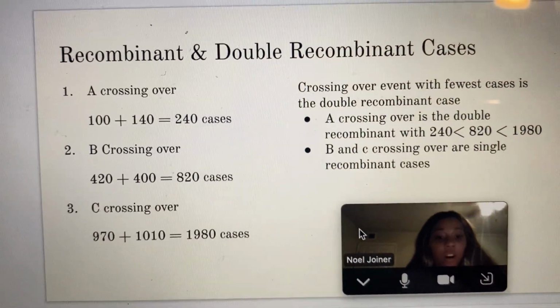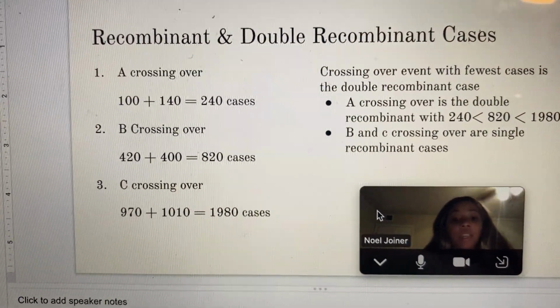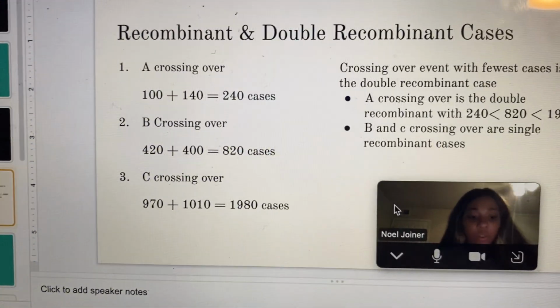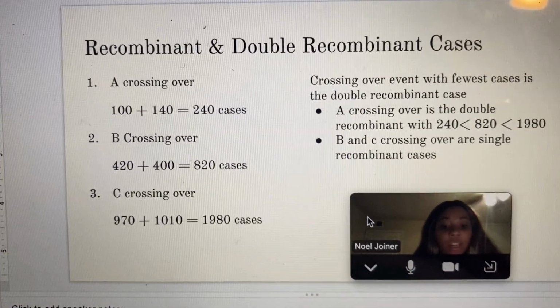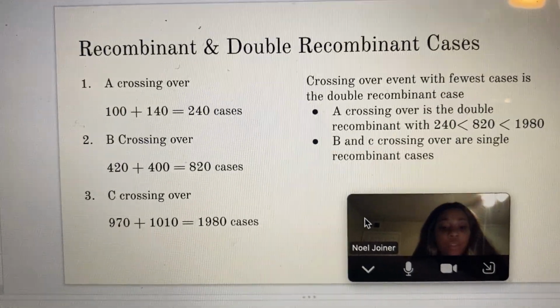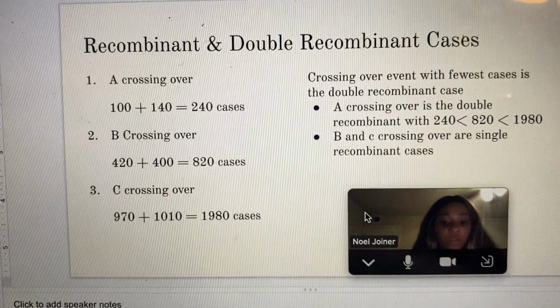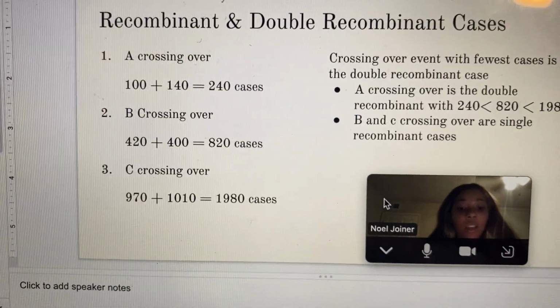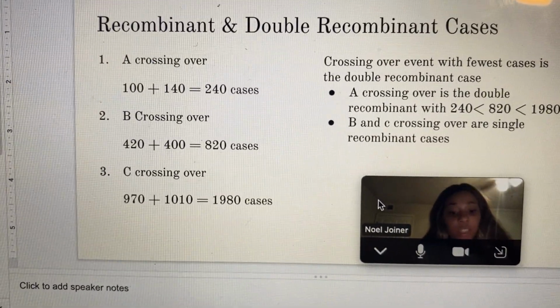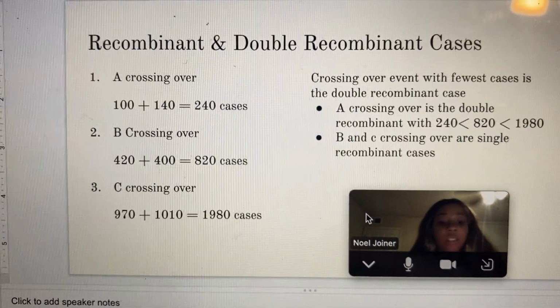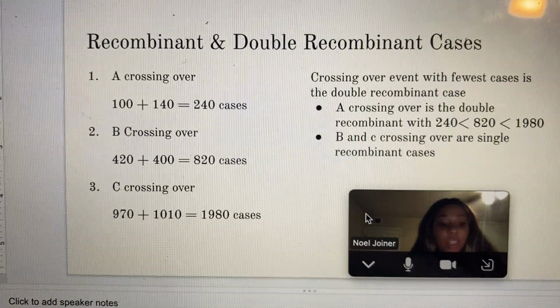So for our recombinant and double recombinant cases in this data set, we have A crossing over, which we add 100 and 140, which will equal 240 cases. And the B crossing over has 420 and 400, which results in 820 cases. And then lastly, C crossing over with 970 and 1,010, which is 1,980 cases.